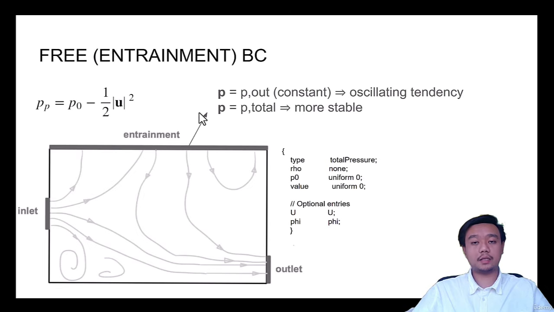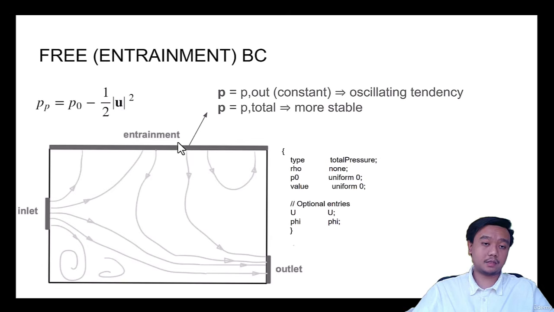For a simple case, we can just use the constant value for the outlet or the entrainment. So we can use P equal to 0 uniform like the previous example, but sometimes it has a tendency to become oscillating if we use this constant pressure.